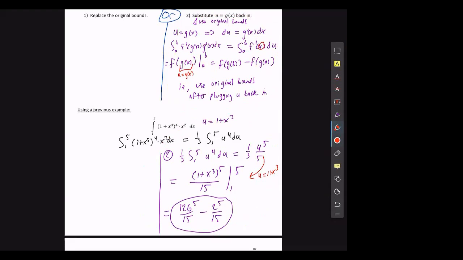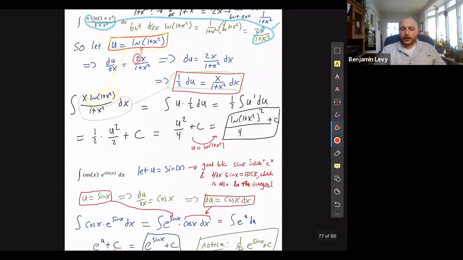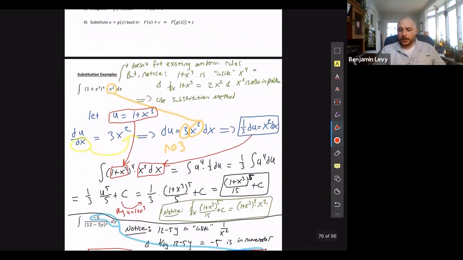So you didn't find u prime or something? You just did it? I'll just remind you one more time that we did this problem previously. So I'm not going through all the details about integrating it. I'm just showing you how to plug the numbers in after we integrate it. If you want to look at the details about the u and all that stuff, you should look back at this problem.